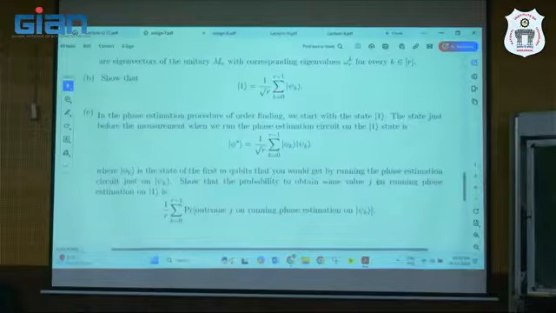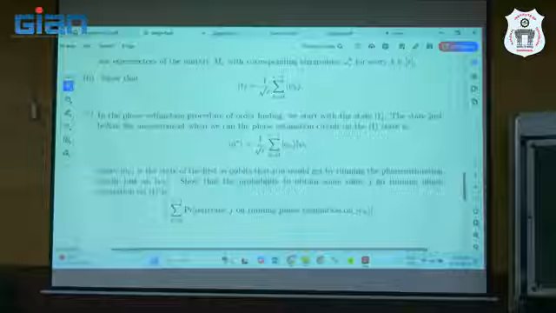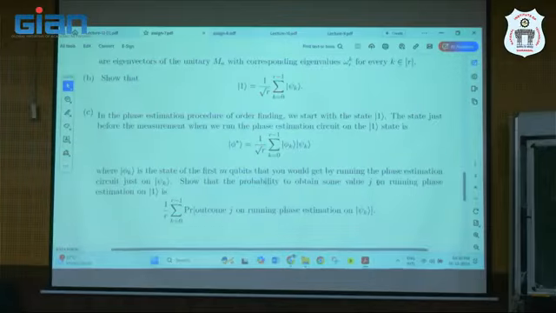So this will be the superposition. Agreed? Now show that the probability of obtaining some value j on running phase estimation on 1 is 1 over r summation k from 0 to r minus 1 of the probability of outcome j on running phase estimation on psi k. Correct? Yes?